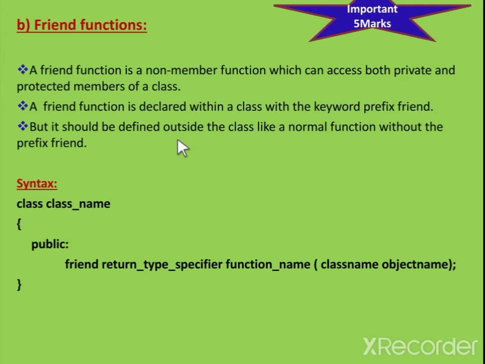Now, this college library will be private, whereas the public library will be public. Anybody can use it. Similarly, inside a class, we will have three access specifiers: public, private and protected.